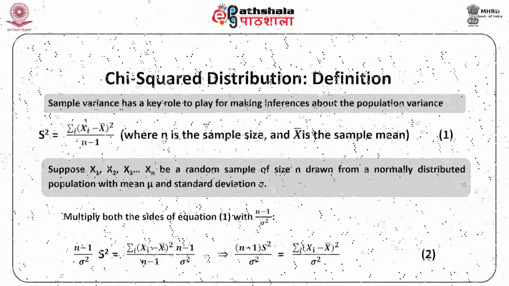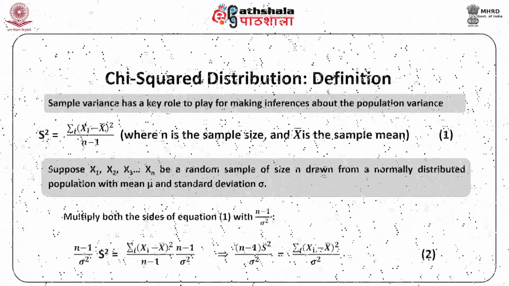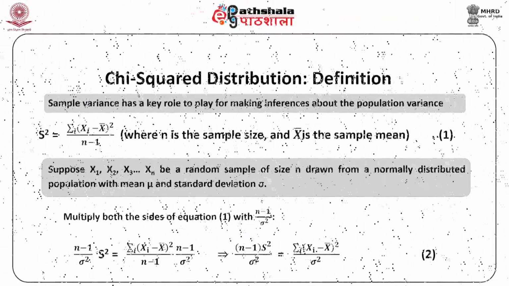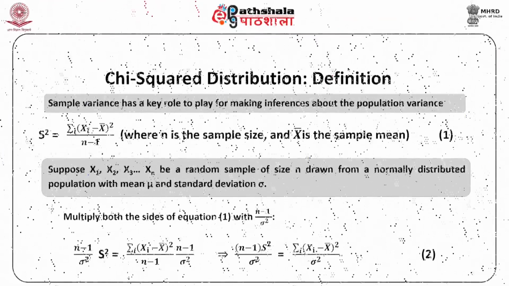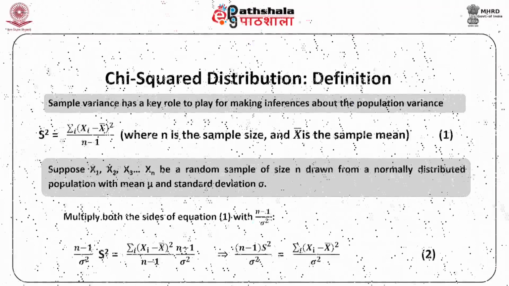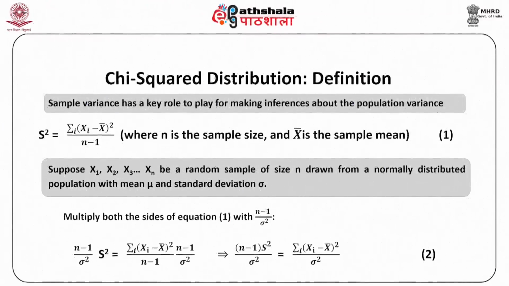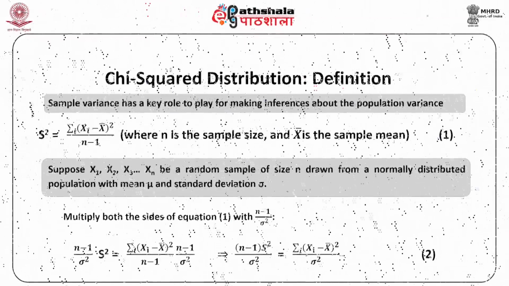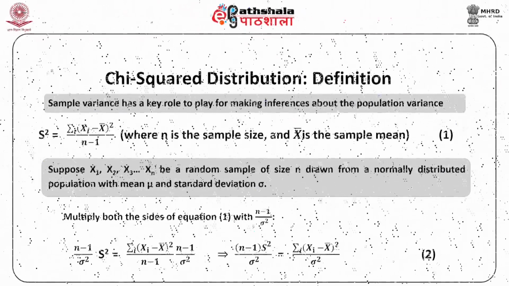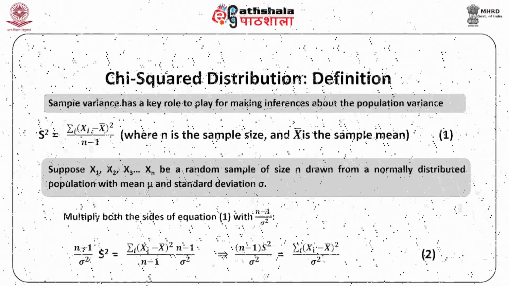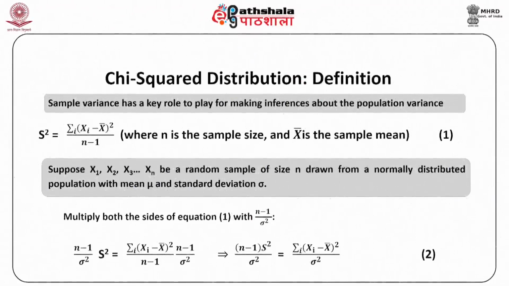And if you recall, it is defined by the formula S square is equal to the sum of (xi minus x bar) square divided by n minus 1, where the summation is over i, small n is the sample size and x bar in this formula is the sample mean. Now this S square formula could be denoted as our first equation.